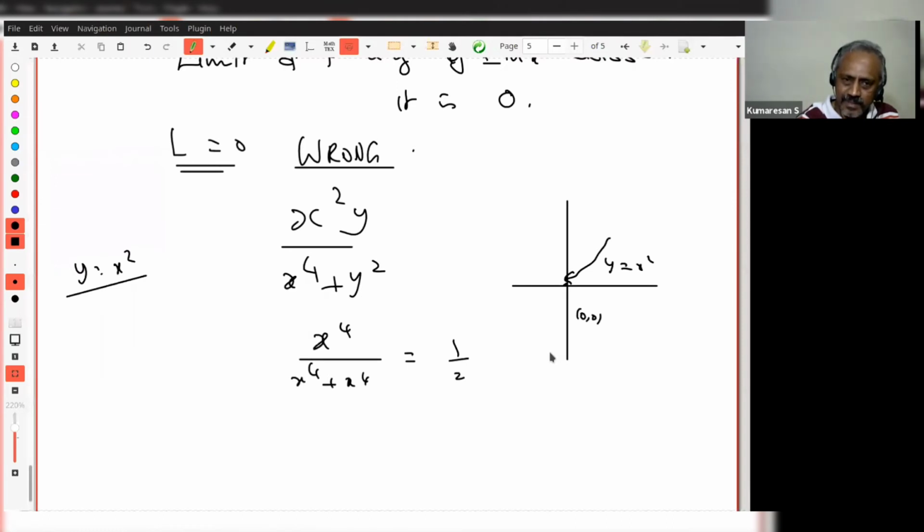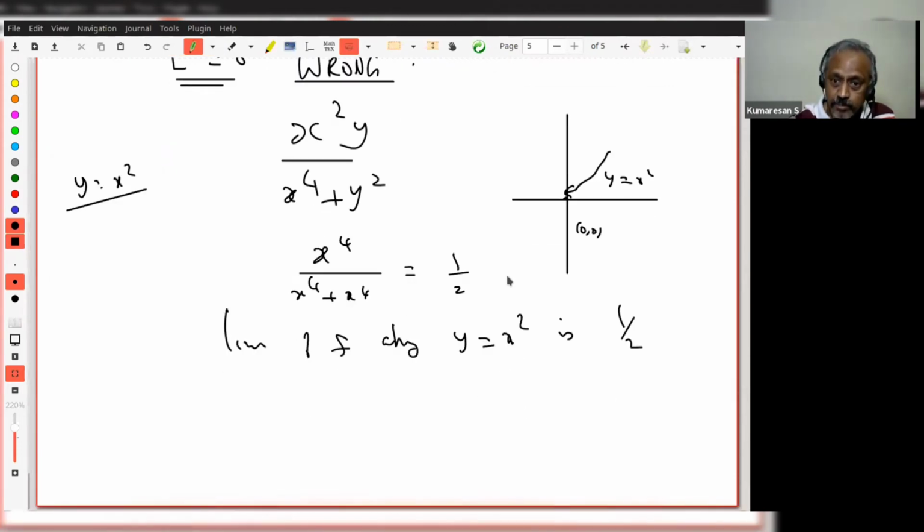You understood that? Okay. Now again you should ask, why? So along this path, the parabolic path, I proved the limit of f along y equal to x squared is half. Okay, so what? How do I know the limit does not exist? I still need a proof. But that proof is easy, because if you start with any delta, then I can find a point on the parabola which is near here, and the value here will be half.